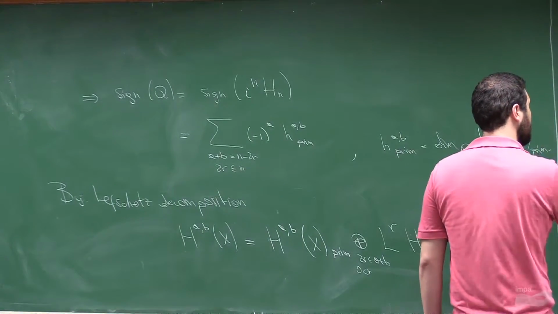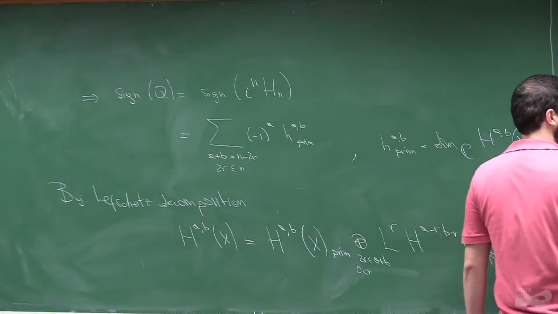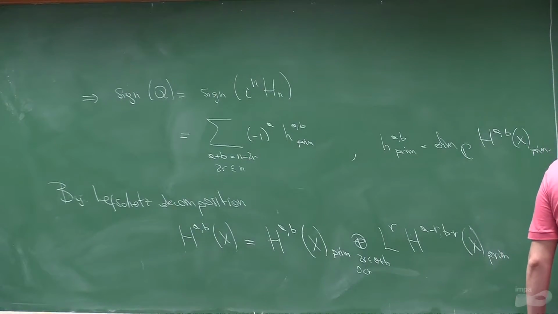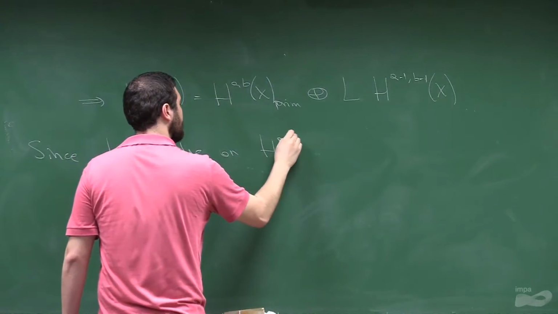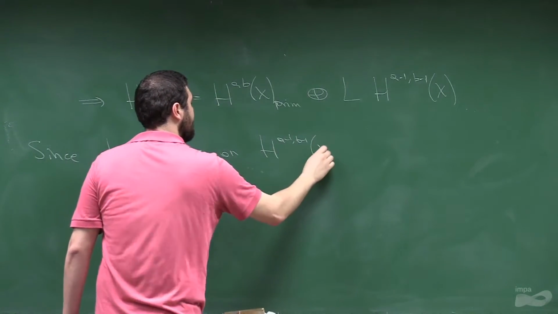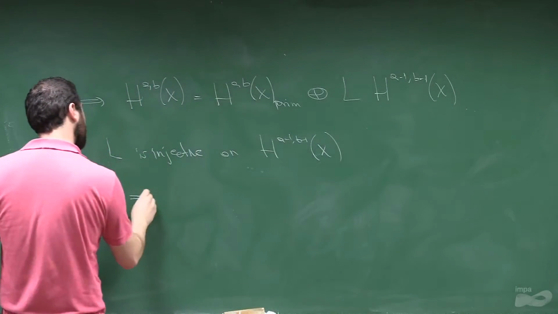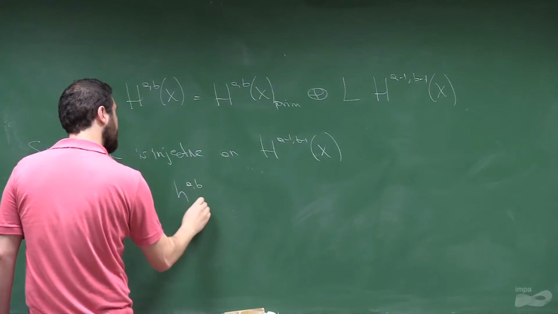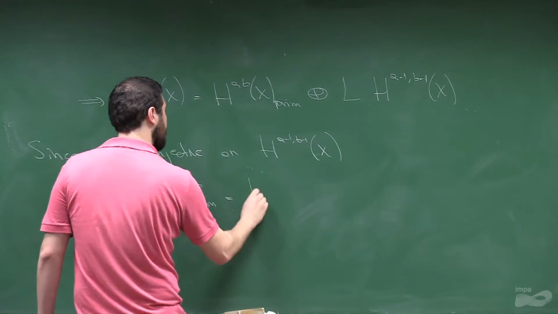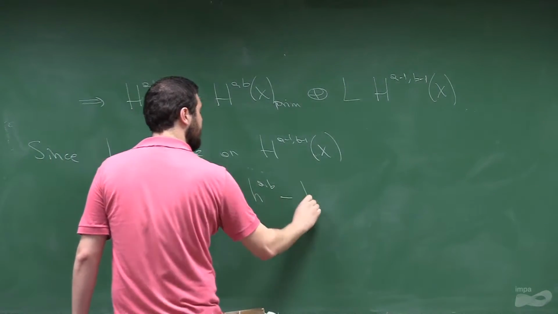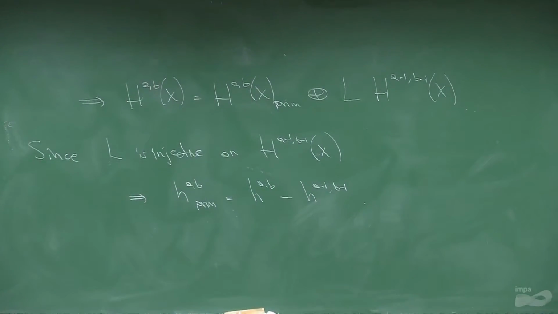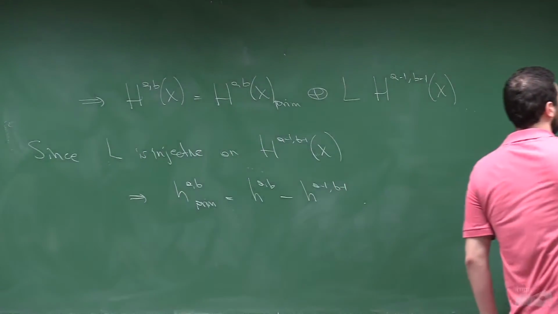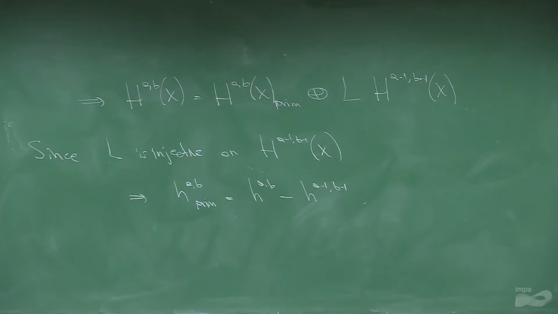And since, by the Lefschetz theorem, L is injective on this space, we get that h^{a,b} prime is equal to h^{a,b} minus h^{a-1,b-1}, right? And so the signature will be equal to the following sum.